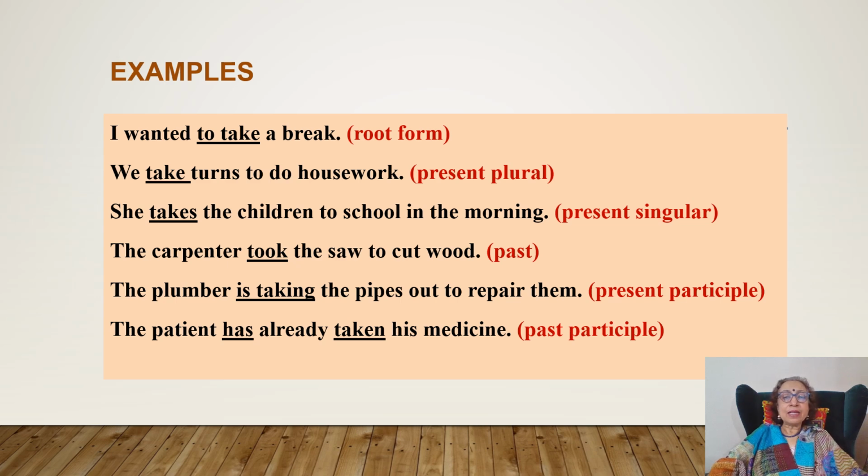Now we can easily make out that the verb take is an irregular verb because past tense is took and past participle is taken. So I have given you one verb with examples for all forms. Now you remember how many verbs there are in the previous slide.